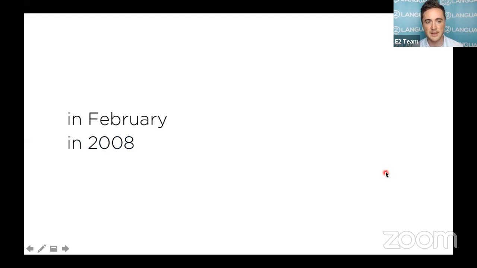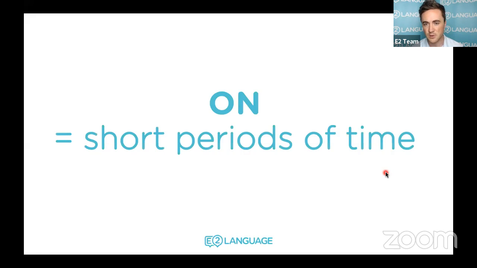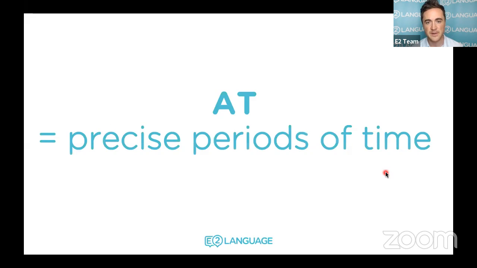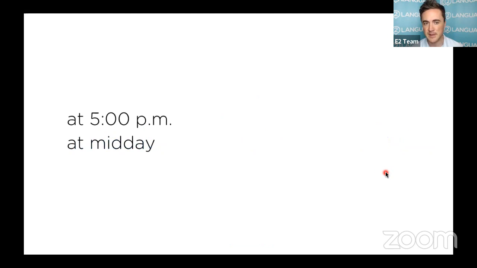In February, in 2008, long periods of time, months and years, for example. We use on for short periods of time, like on the 3rd of February, day, or on Thursday for days. And we use at for precise periods of time. At 5 p.m., at midday, at midnight, at 8 o'clock this morning, etc. For precise, we use at.